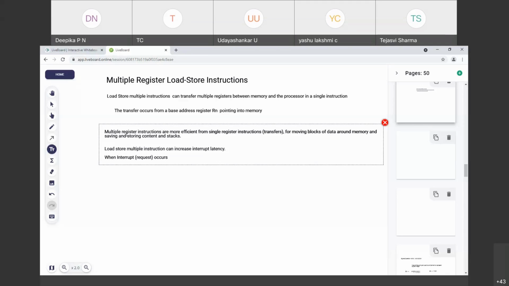How interrupts work, we'll see. When the interrupt request occurs, load store multiple instructions will offer latency for interrupts.